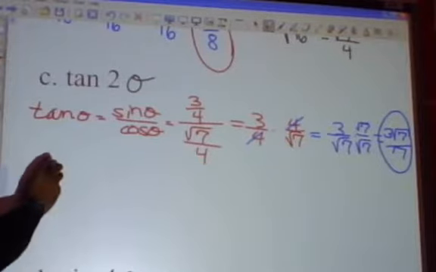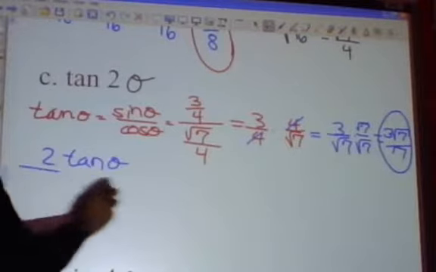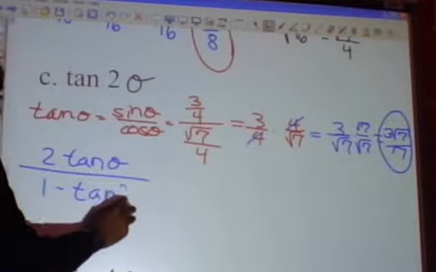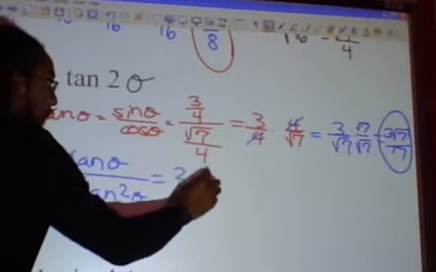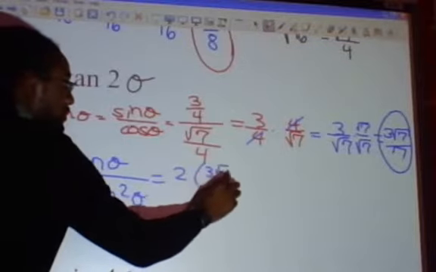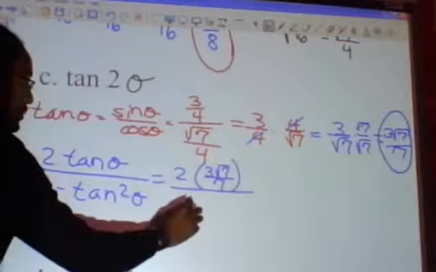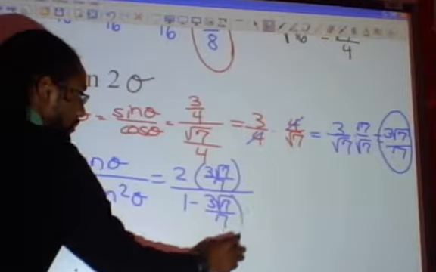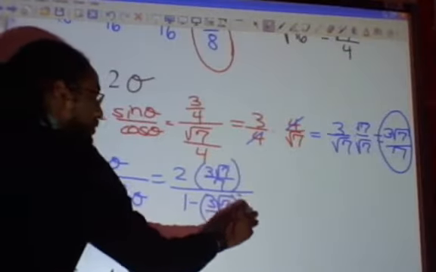We know that the double angle identity for tangent is this here. So let's go ahead and substitute the numbers in and solve it out. We have this, and make sure you square that also in the back and the bottom.